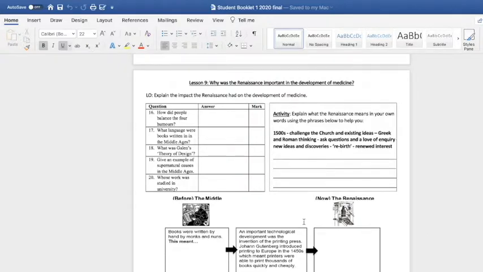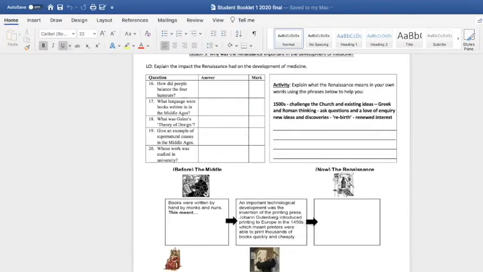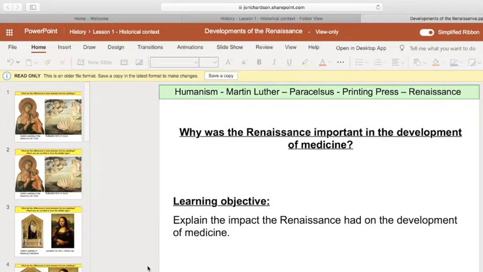Just before we go on, I want to have a look at the PowerPoint to think about what we're talking about here. So the question for today's lesson is, why was the Renaissance important in the development of medicine?